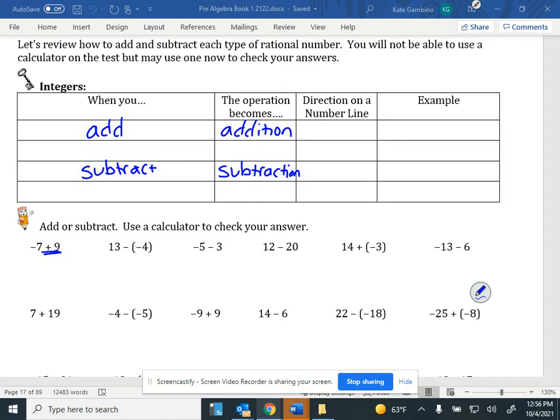So here we're adding the positive, so we're going to the right. So if you look, you can draw that number line on your paper to help you. If you're at negative 7 and you're adding a positive, you're going to the right. So we're going to want to go to the right 9 times. What are you going to end up at? Positive 2.